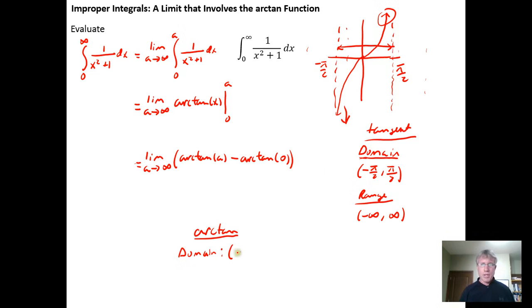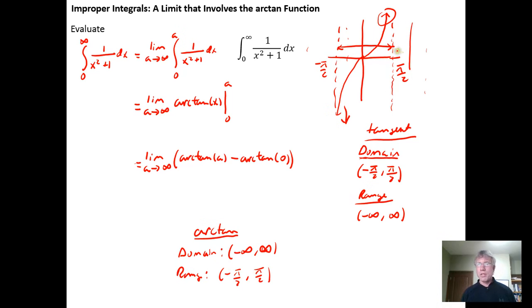So the domain of the arctangent is going to run from negative infinity to infinity, and its range is going to run from negative pi over 2 to pi over 2, and the arctan would be the reflection of this graph in the line y equals x.